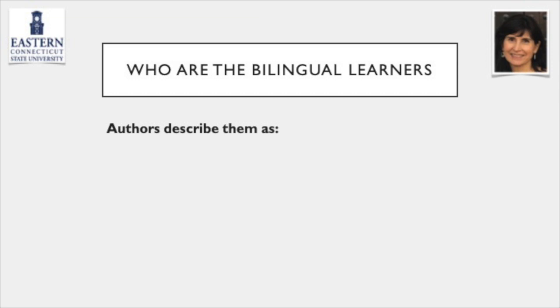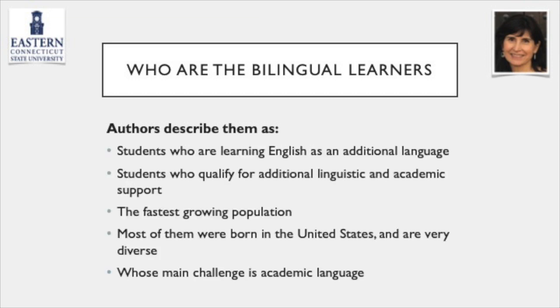So we move along and we start thinking about who these bilingual learners are. How do the authors describe them? Pause once again and see if you can jot down some ideas of specific characteristics of or ways of describing these students. So I came up with these 5 bullets. First, these are students who are learning English as an additional language.